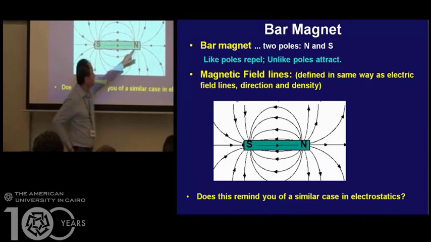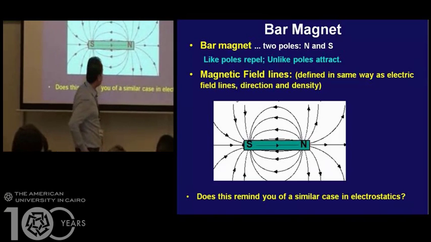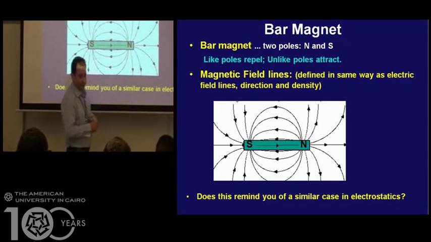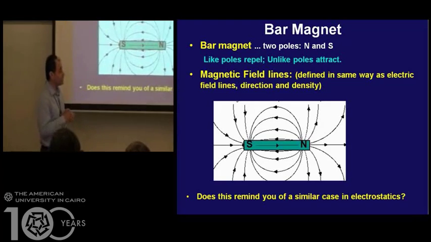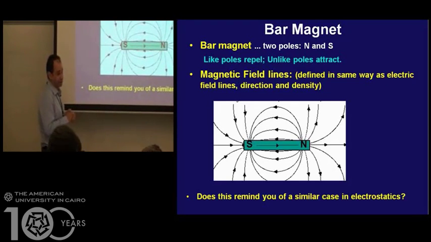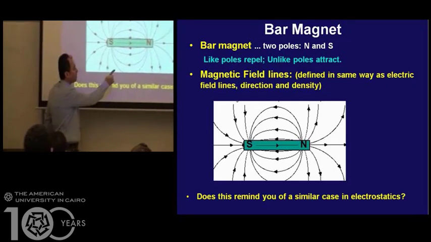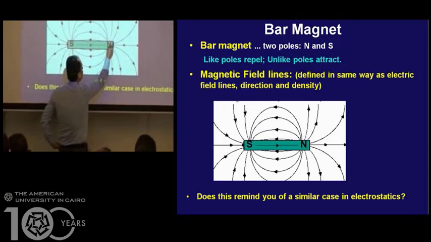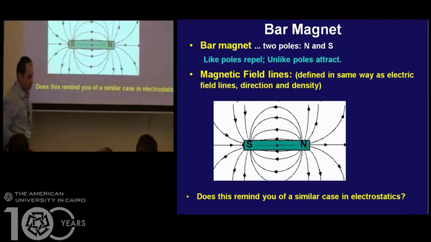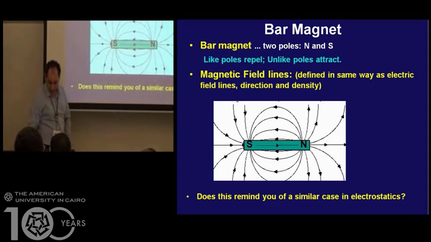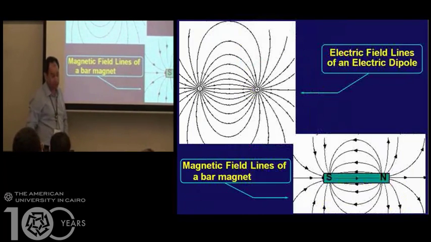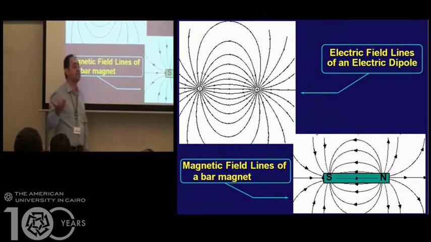Between the north and south poles there is a magnetic field, and this is a typical magnetic field from a power magnet. The magnetic field goes out from the north and goes into the south. And actually, it's similar to something that we have studied before.